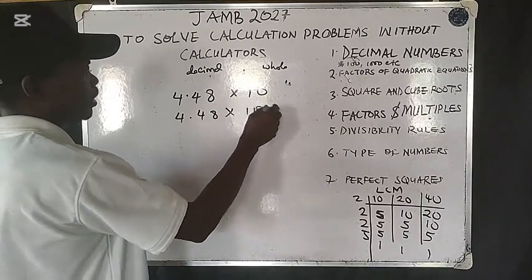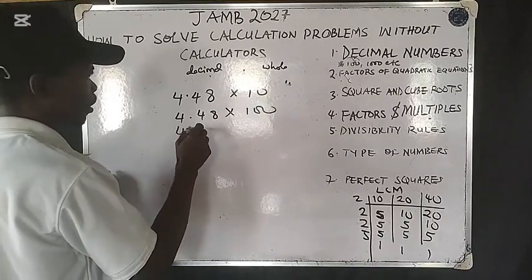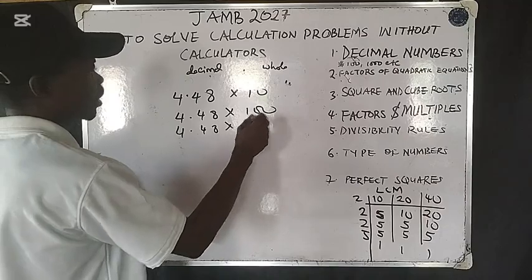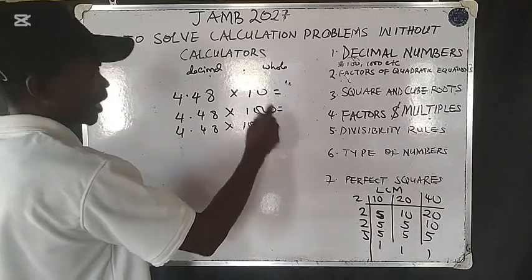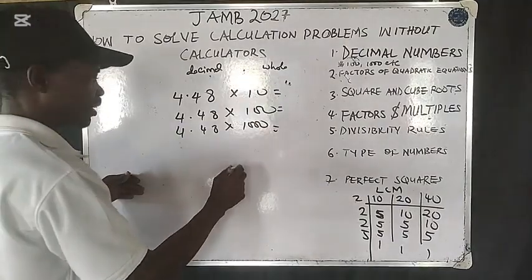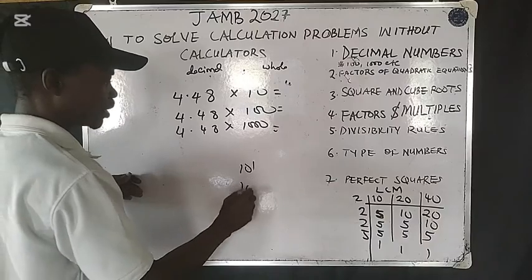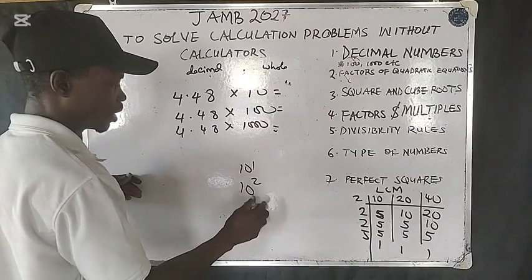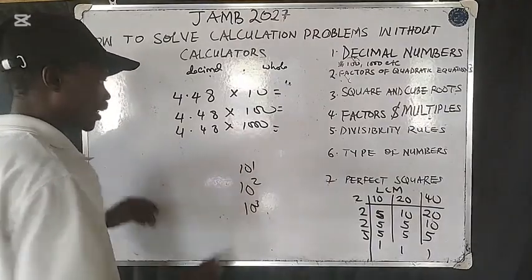Multiply by 100. Multiply by 1000. This is a base 10 number. Base 10 means this is 10 raised to power 1. This is 10 raised to power 2. This is 10 raised to power what? Power 3. So they are base 10 numbers.